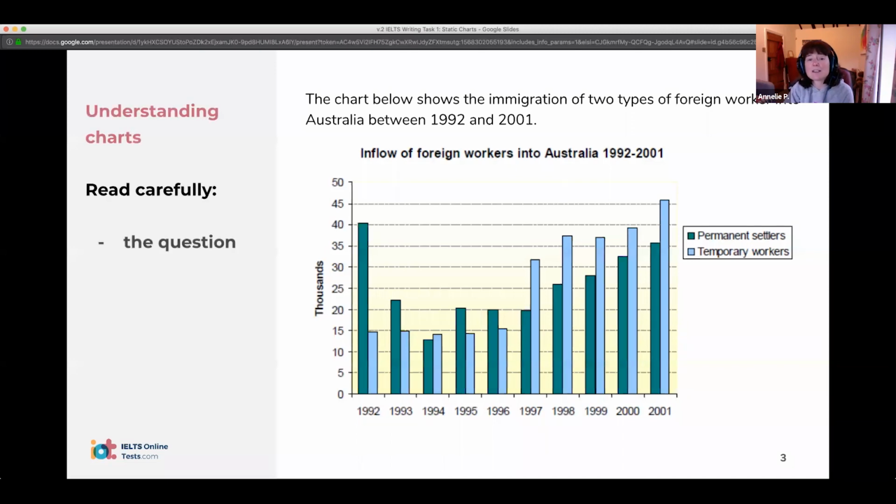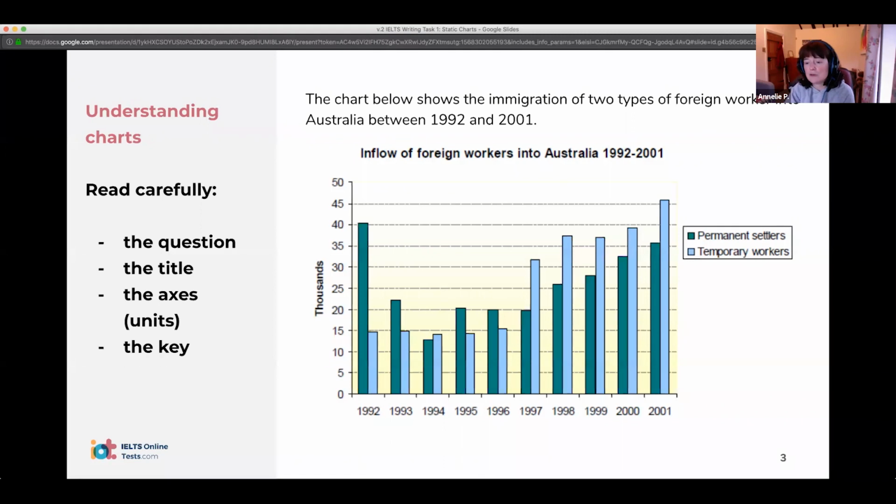Read the question very carefully, look at the timeline, look at the title as well, and also look at the measurements. It's amazing how many people get the measurements wrong because they haven't looked very carefully. Also, what exactly are they talking about? It's very easy to make a mistake in those things, okay?